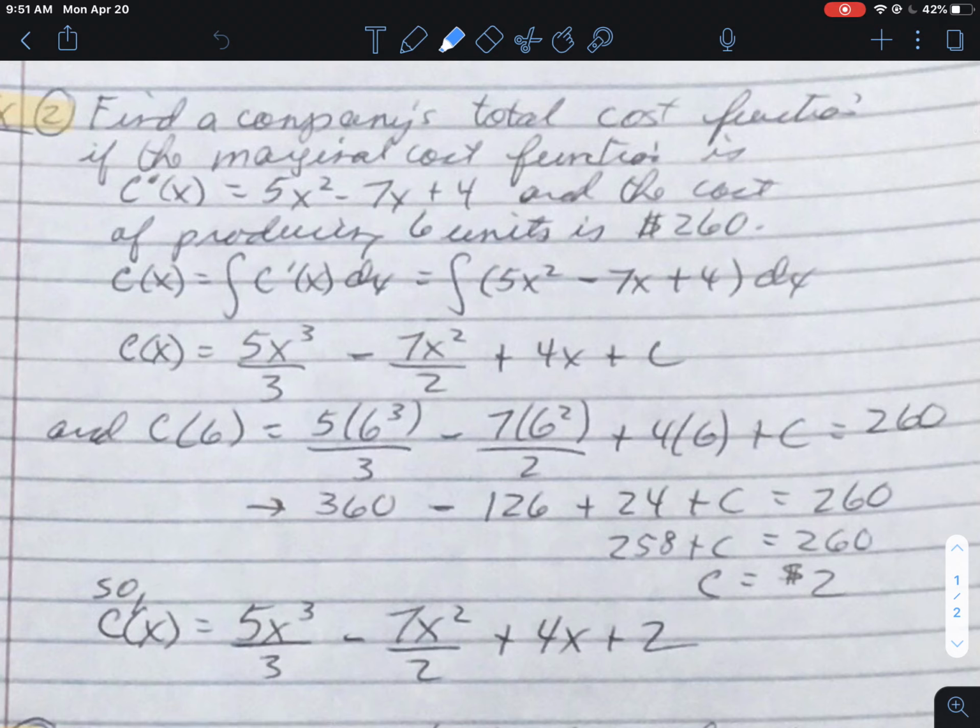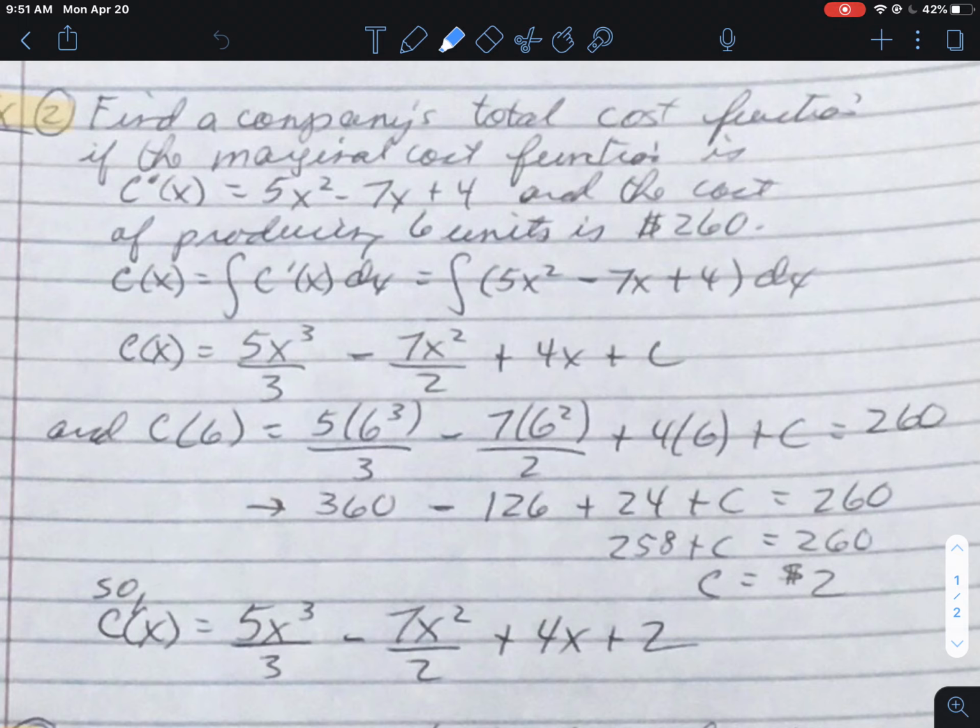Number 2, let's find a company's total cost function if we know the marginal cost function. We've done a lot of that with taking our cost and finding the marginal cost, which, remember, is your derivative. It's the rate of change in your cost.